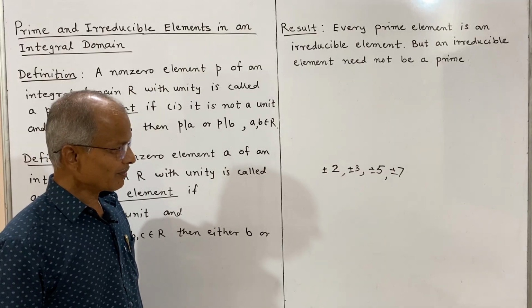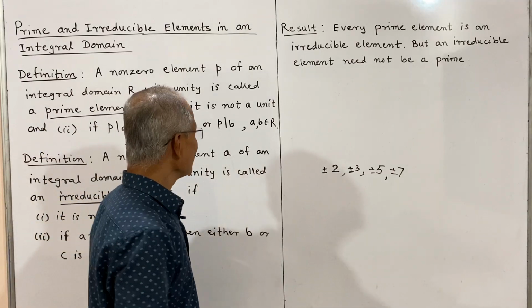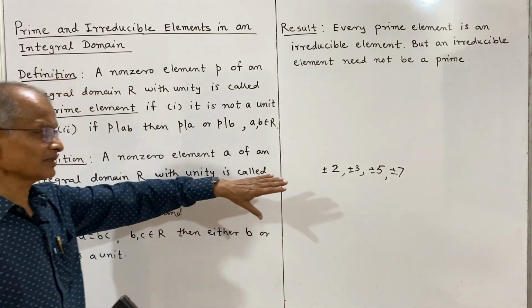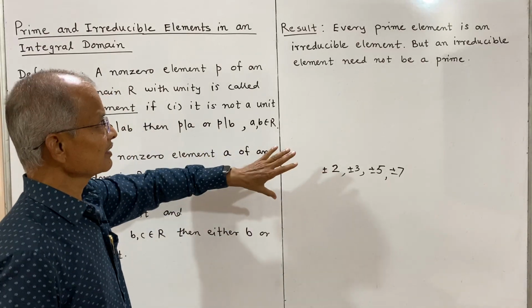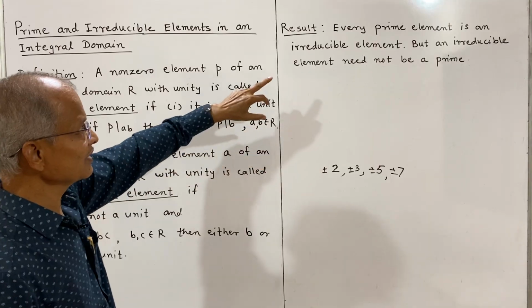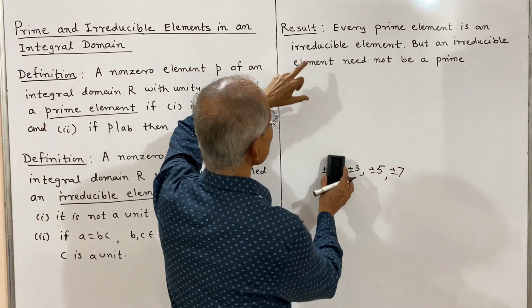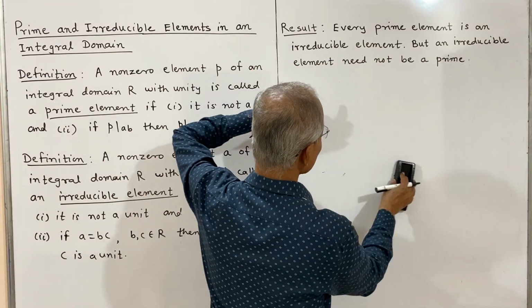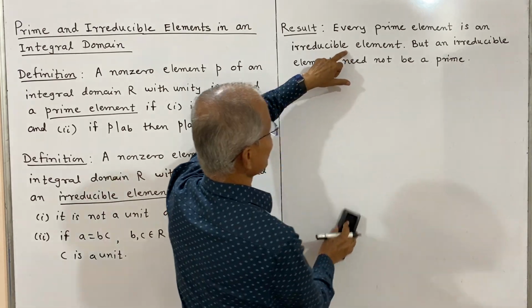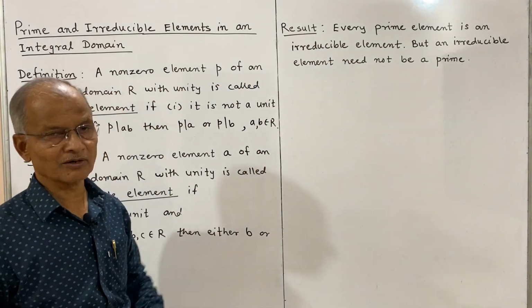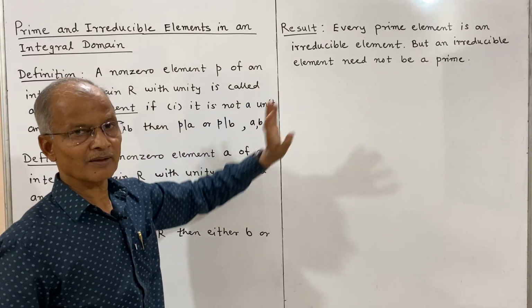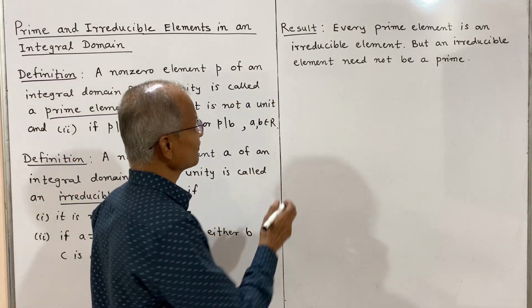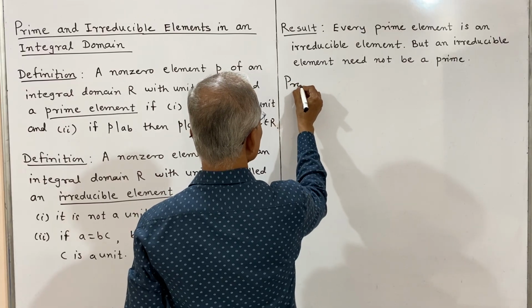These are prime elements as well as irreducible elements. But now the general relation between these is written as a result. Every prime element is an irreducible element, meaning prime implies irreducible, but an irreducible element need not be a prime. That we shall prove.